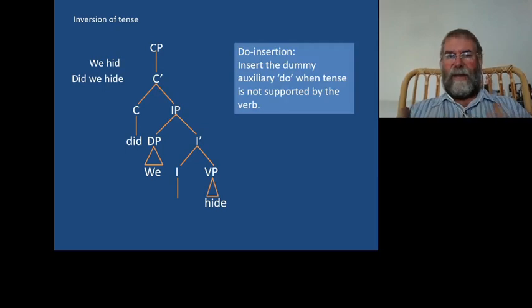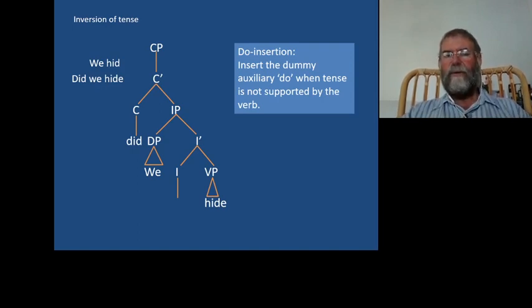What we actually do then is to insert this verb do. Do is often, in this particular usage, referred to as a dummy auxiliary. What that means is it performs no semantic function at all. It doesn't add anything to the meaning of this sentence.